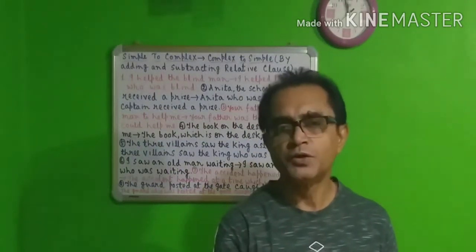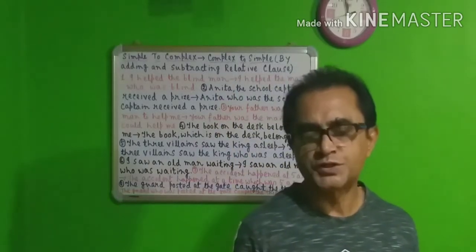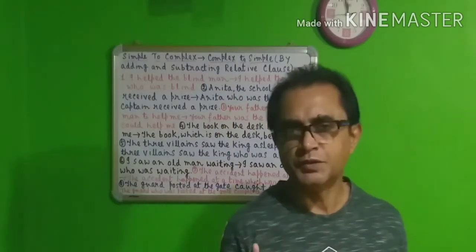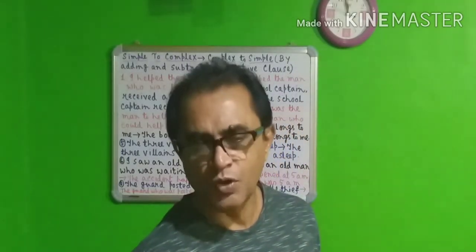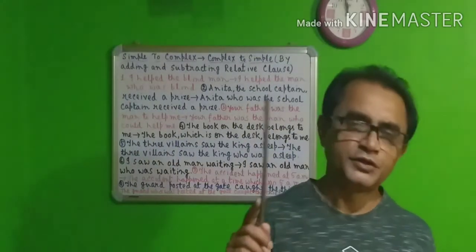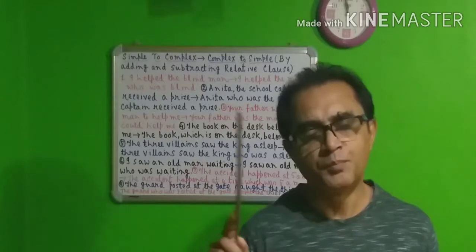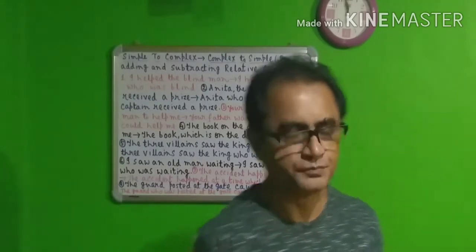So when a subordinate clause functions like an adjective, that means it qualifies a noun or pronoun, we call it a relative clause or adjective clause. So the function will be the same. Every time you will find that the relative clause is placed after a noun or pronoun and qualifies it.